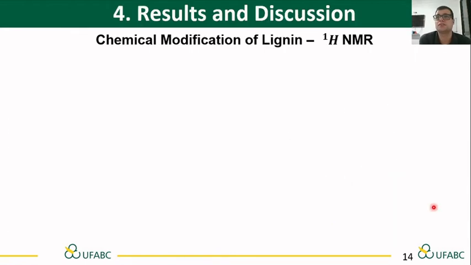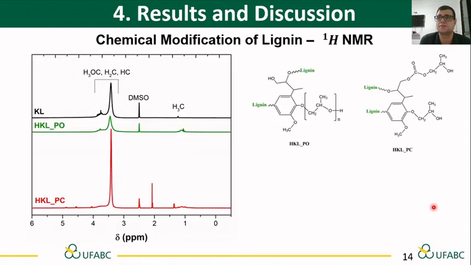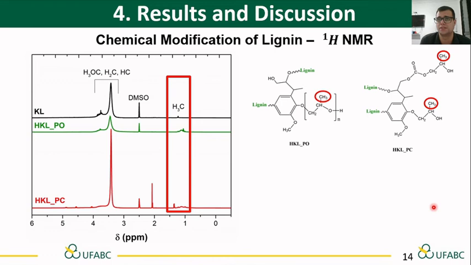Now the proton nuclear magnetic resonance results. Slight differences were noted when comparing the obtained spectra. The most remarkable was the emergence of new signals between 1 and 1.5 ppm. Since this region of the spectrum is associated with methyl protons, then the new signals can be assigned to methyl groups of hydroxypropyl units.